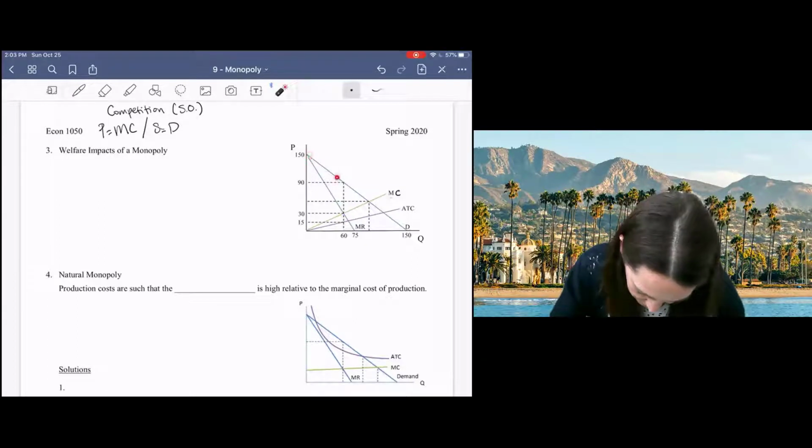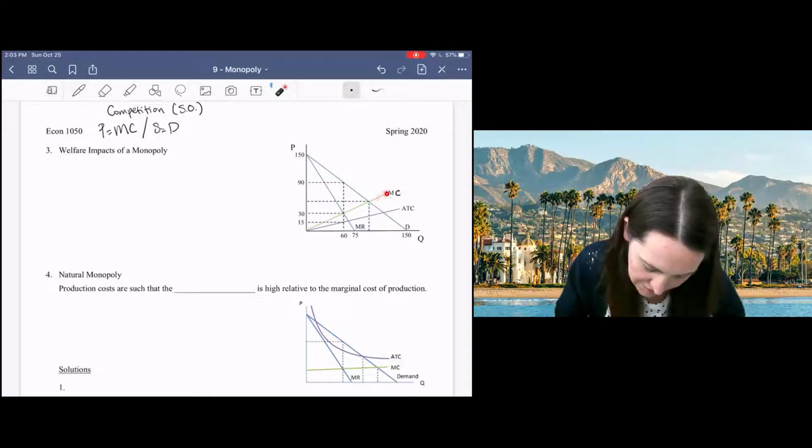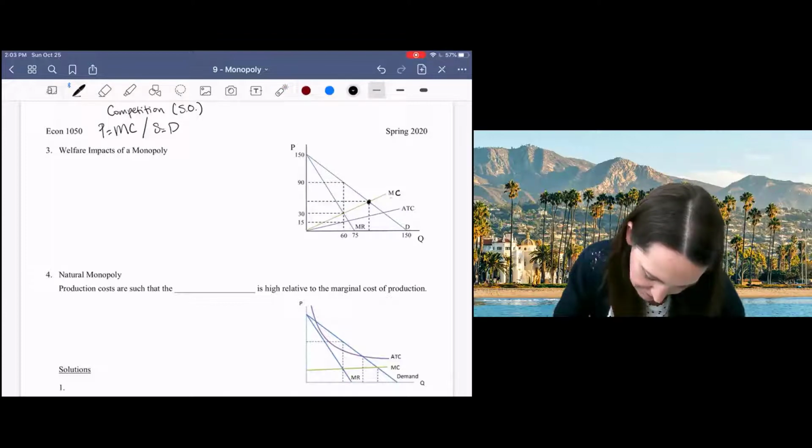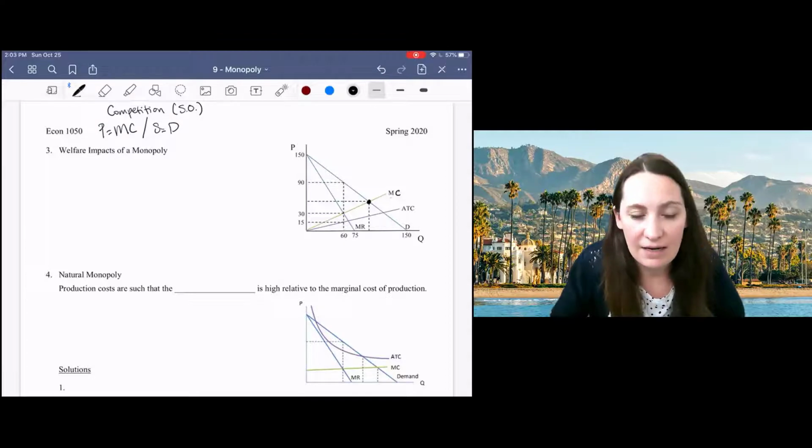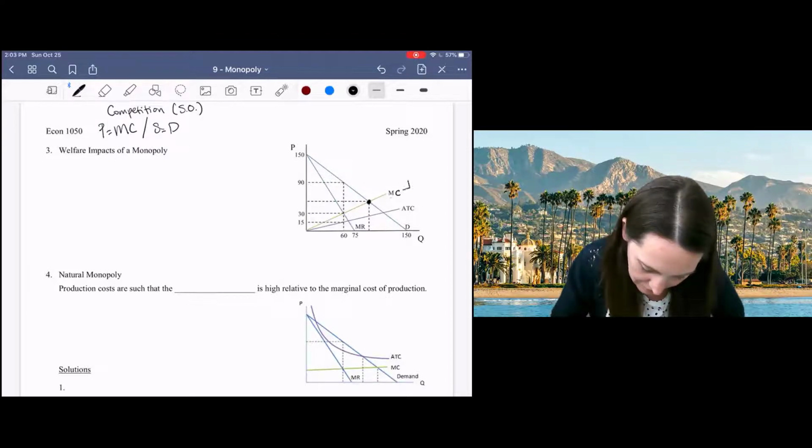So here's demand that represents the value to the consumer and the price they're willing to pay. Here's marginal cost. As long as it's larger, we should continue to produce, and that stops being true here. Remember that in competitive markets, we can think about our supply curve as being equal to marginal cost.